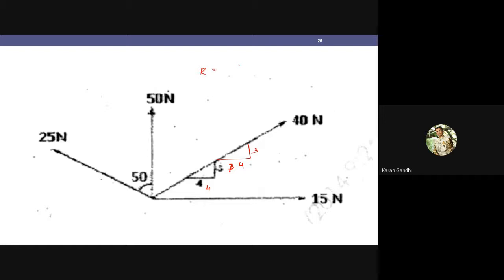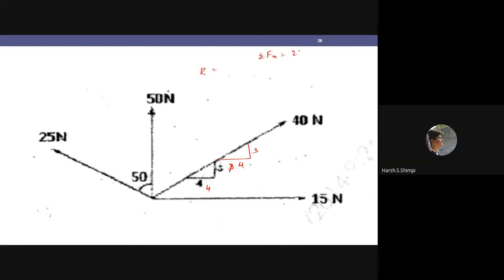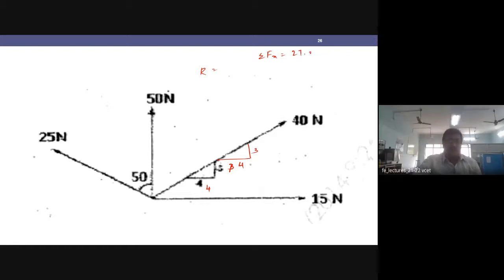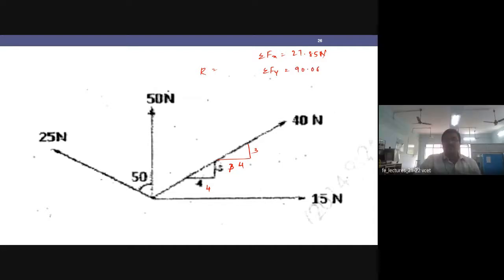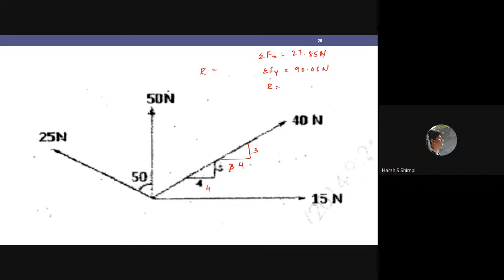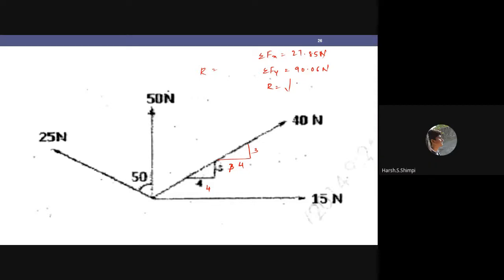Sigma Fx is 27.85 newtons, sigma Fy is 90.06 newtons. What is the equation for resultant R? Under the root of sigma Fx square plus sigma Fy square.